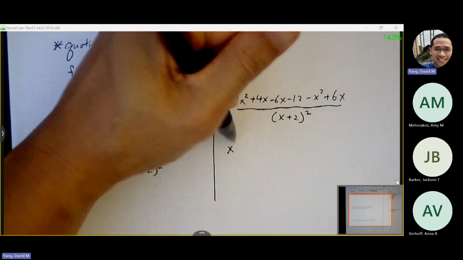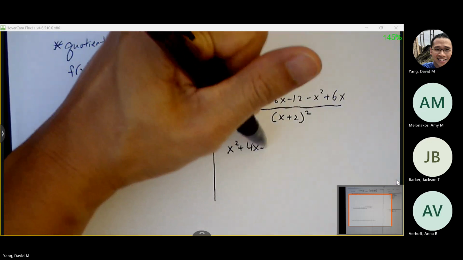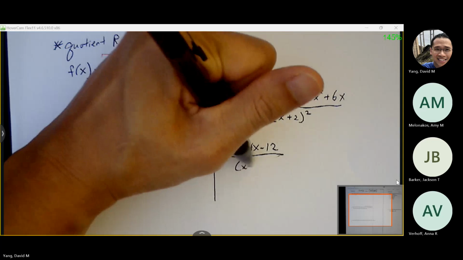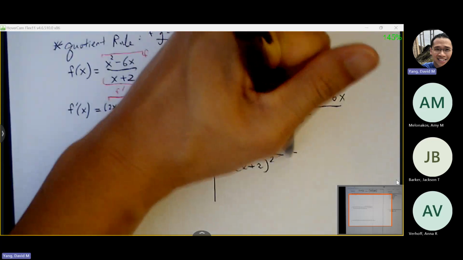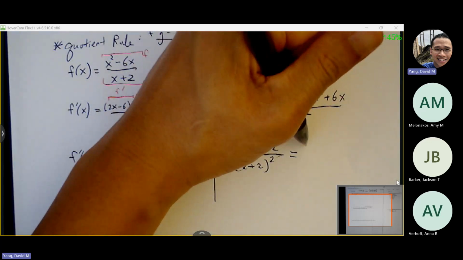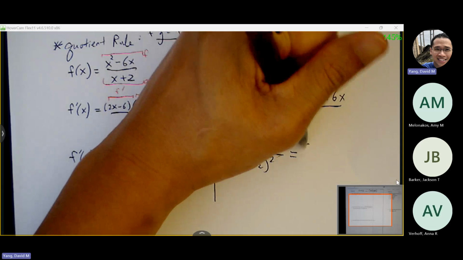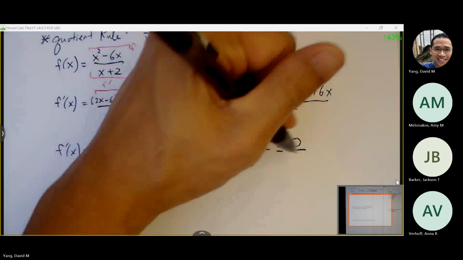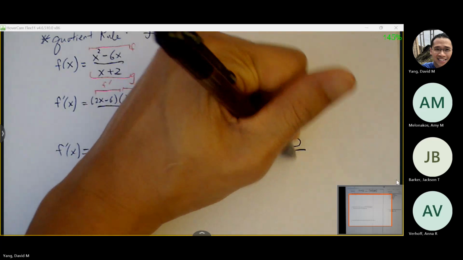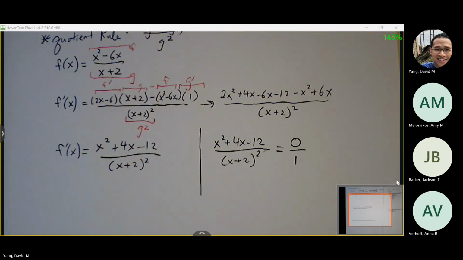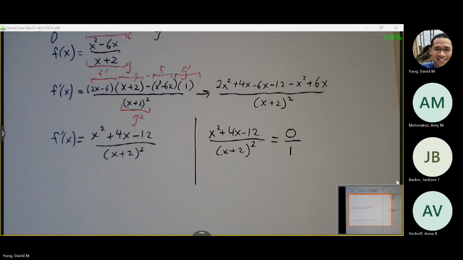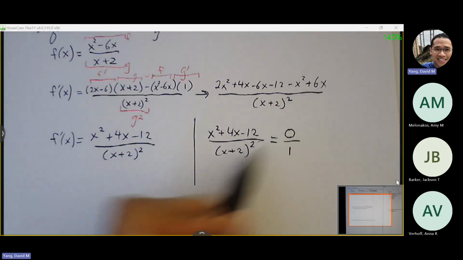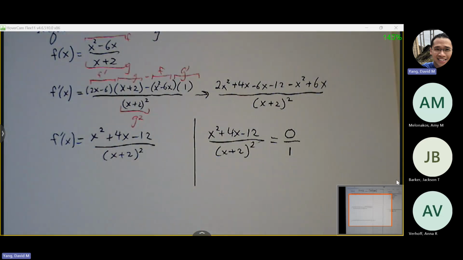Now, when we set something equal to 0 and there's a fraction involved, we can also make 0 into a fraction. 0 into a fraction is 0 over what? It's basically 0 over 1. So 0 as a fraction is 0 over 1, and we can cross multiply and solve for x.